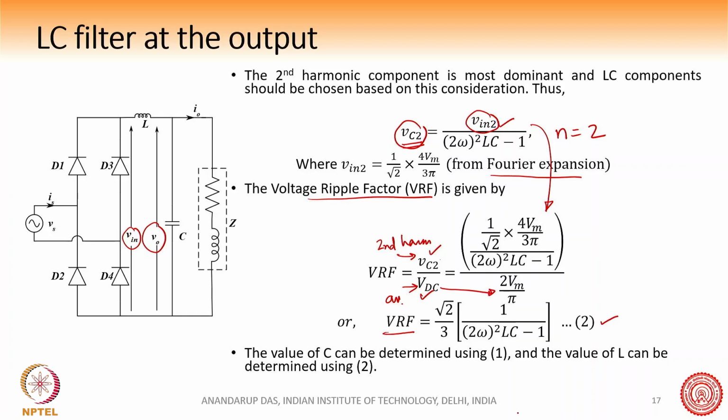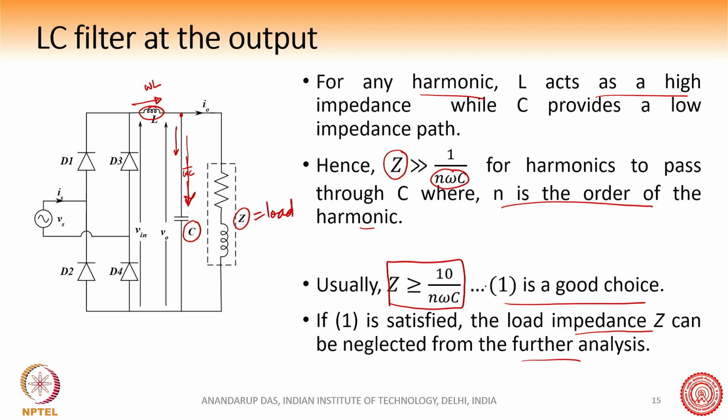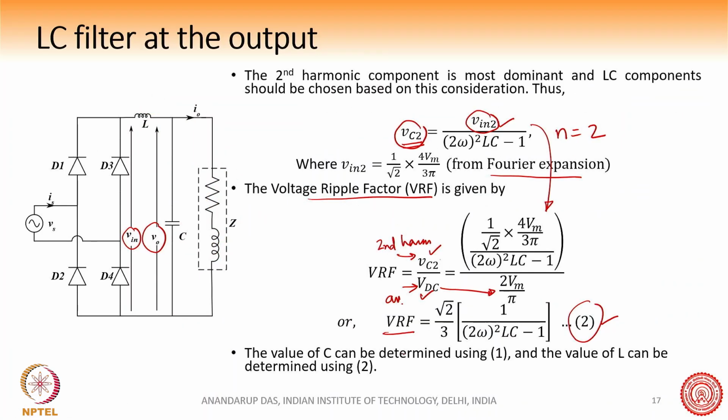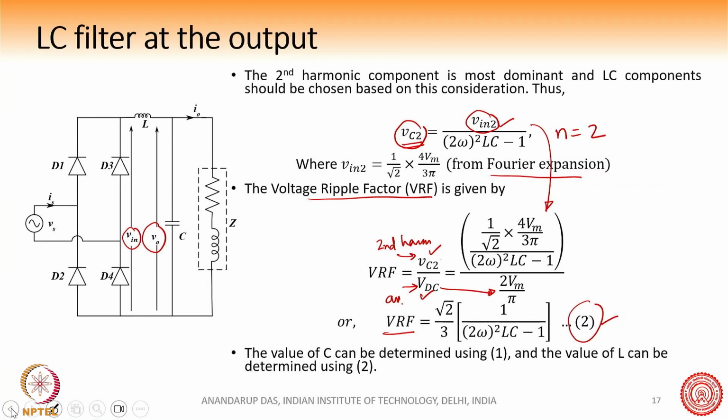So using equations 1 and 2, where 1 is this equation and 2 we have already said, we can design the values of L and C. It is possible to use these equations.